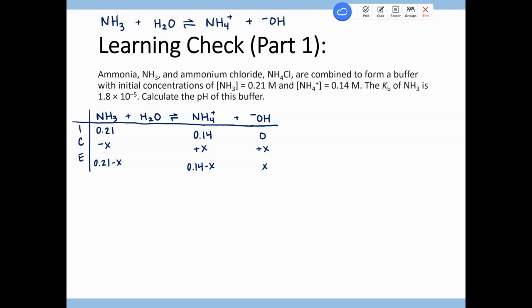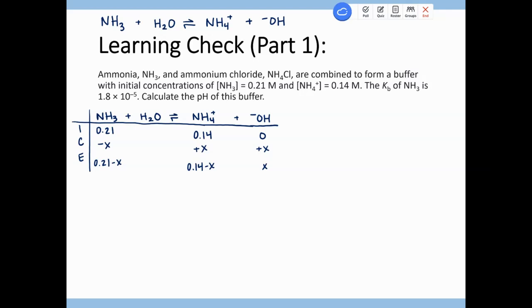But just filling in so far with what we had known from the problem, and then we're using these factors for equilibrium concentrations. We're going to need to find the value for X to then find the OH- concentration at equilibrium. Then we can eventually calculate pH. The only other information that we have about this system is the Kb of NH3.